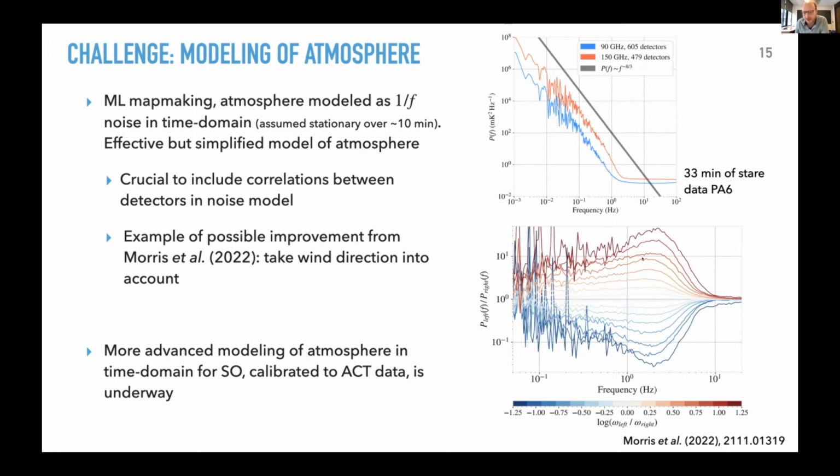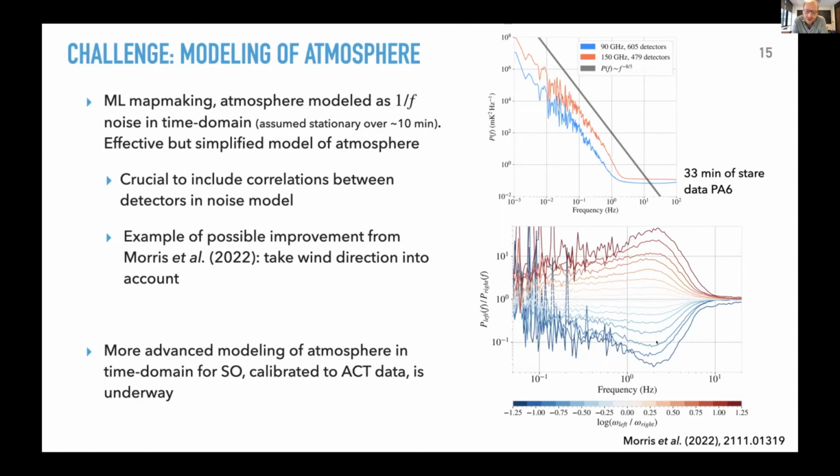The different colors show the difference between the relative velocity of the atmosphere compared to the detector between left and right scans. The takeaway of this plot is that when you're scanning with the wind versus against the wind, you can have quite drastically different noise properties.